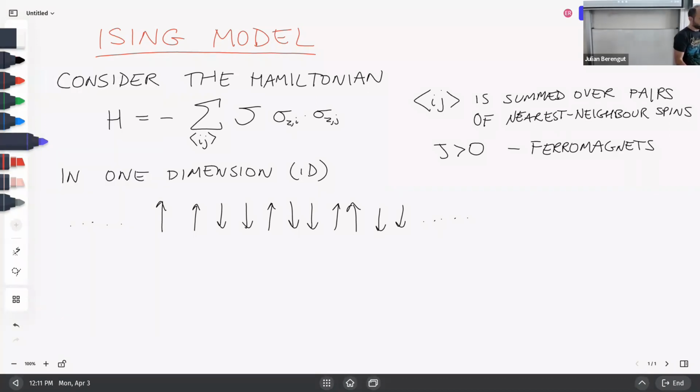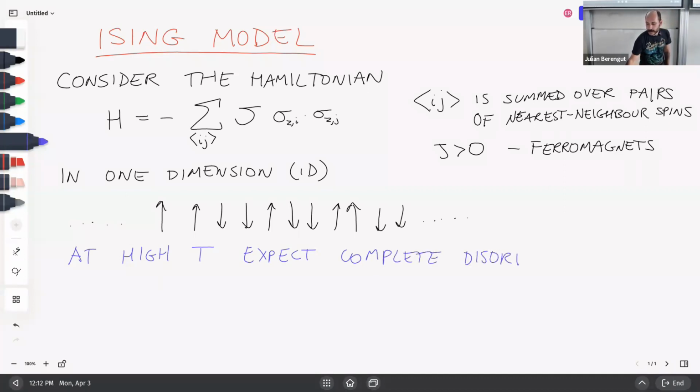Firstly, at high temperature, what do you expect to happen? Completely random. I'd expect complete disorder.